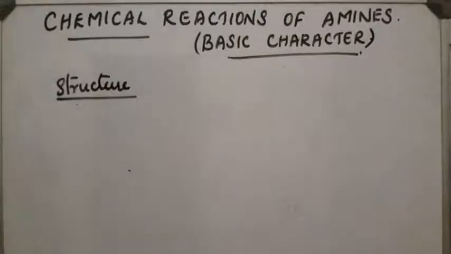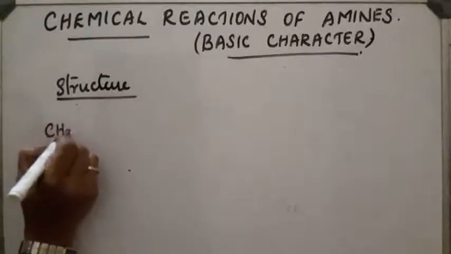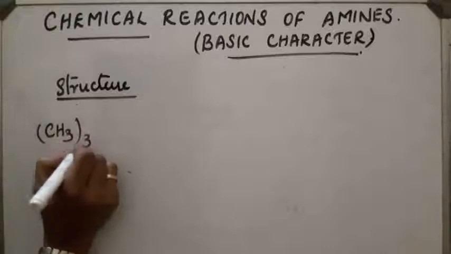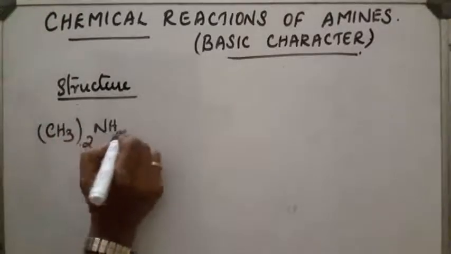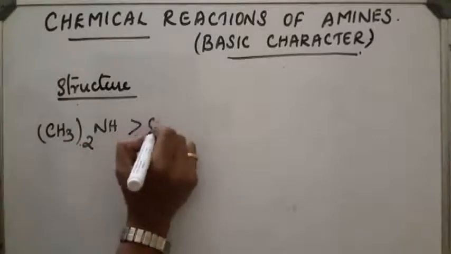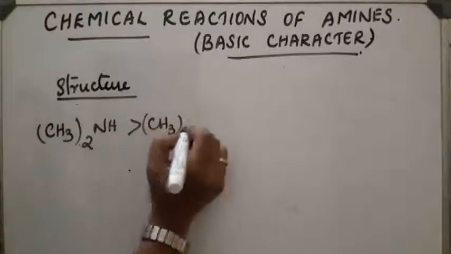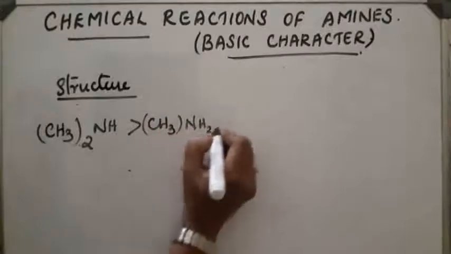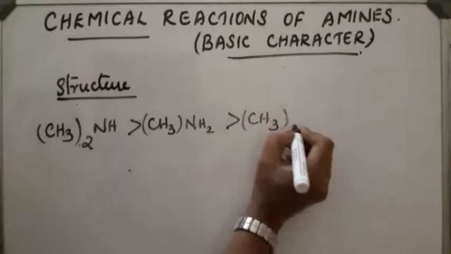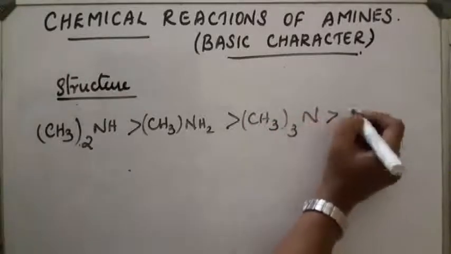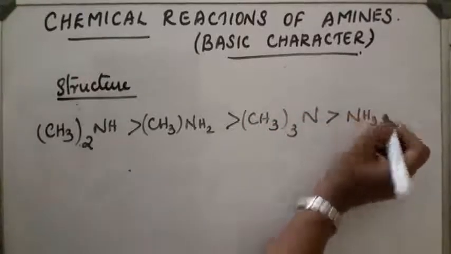The order of basicity of different amines, first in the case of methylamines: secondary will be more basic than primary, which will be more basic than tertiary. Ammonia is least basic.